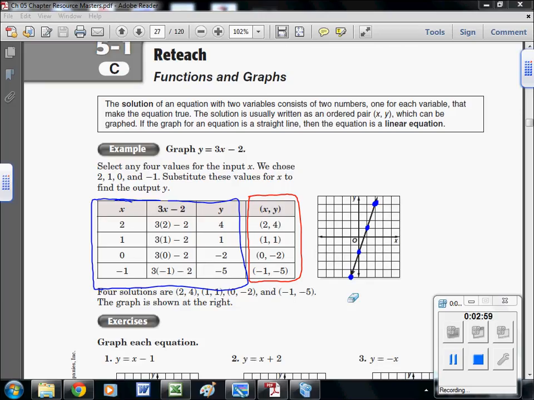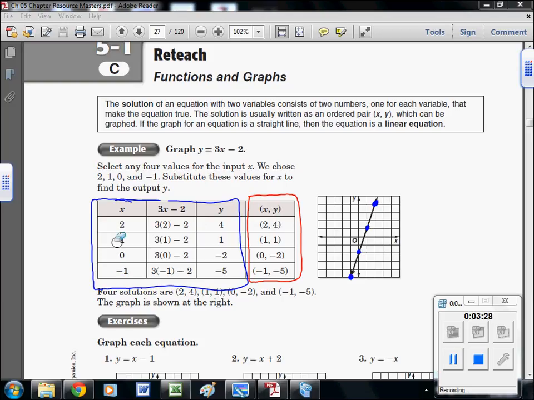What you'll notice is anytime you're dealing with a function like this, where we have no exponents, nothing scary, just basic adding, subtracting, multiplying, dividing, stuff like that, that's going to be a linear function almost every single time, because you'll notice these numbers over here, in this case, they're changing at a constant rate.